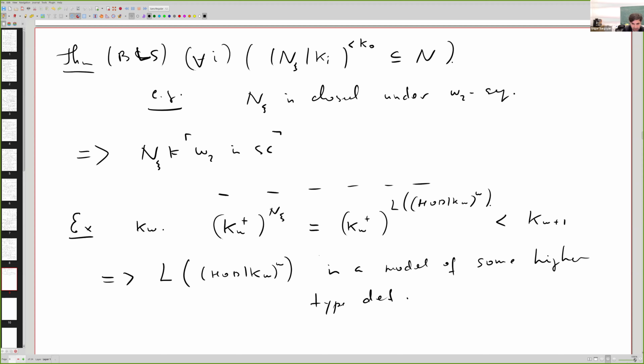I don't exactly know what that means because we don't. For example, you could try to prove a specific question, which would be, right, is kappa omega plus a measurable cardinal in that model.